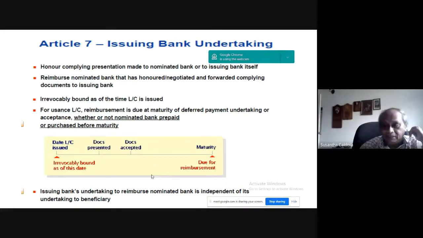So it's a difference. It's independent of its undertaking to the beneficiary. Then the nominated bank has some undertaking to the beneficiary. If the documents are clean, then they have to negotiate, right? That's a different thing. Here, the issuing bank's undertaking to reimburse the nominated bank is independent. That is the main reason.